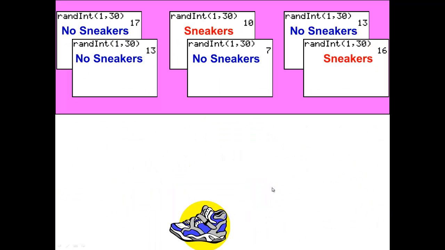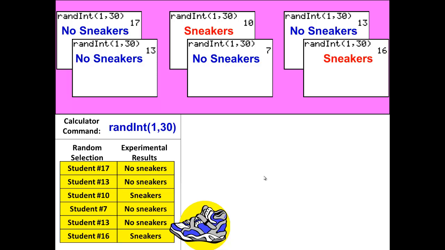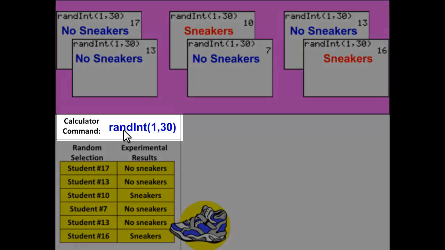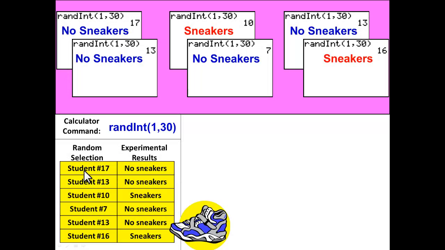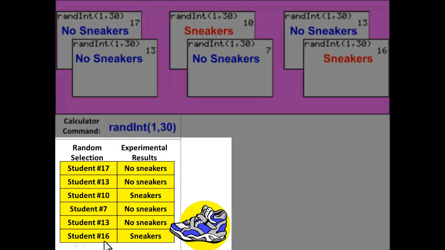So here are our 6 results, and we will show our work. Ms. Borlaug does this because she wants her students to know how to do this. You may not be required to do this part, but this is how she wants you to show work for Ms. Borlaug, and that is to write the calculator command, which is random integer 1, 30, and then show the selections that were made.